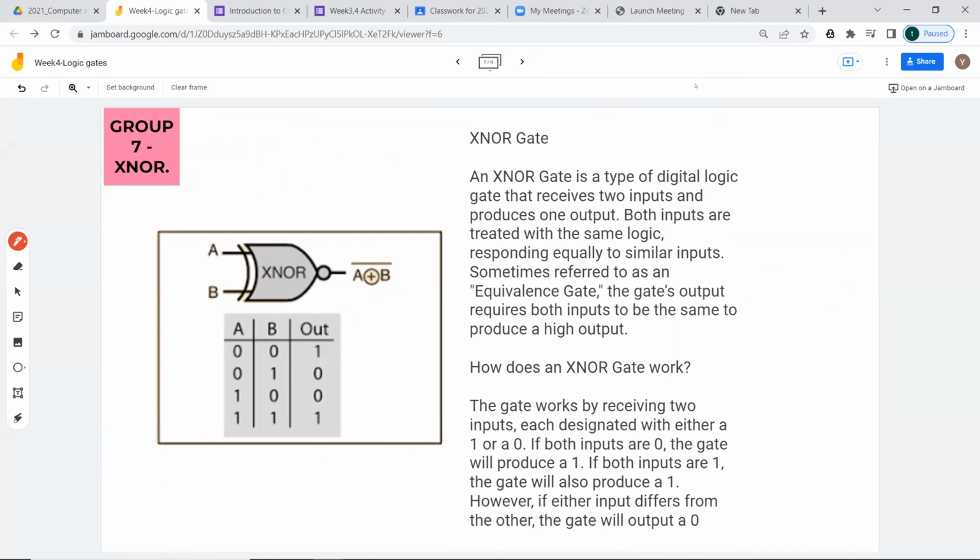An XNOR gate is a type of digital logic gate that receives two inputs and produces one output. Both inputs are treated with some logic, responding equal to similar input, sometimes referred to as an equivalence gate. The gate requires both inputs to be the same to produce a high output.